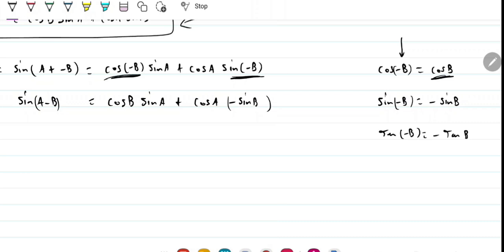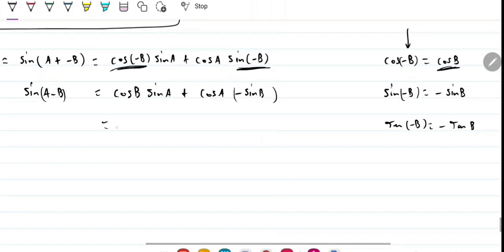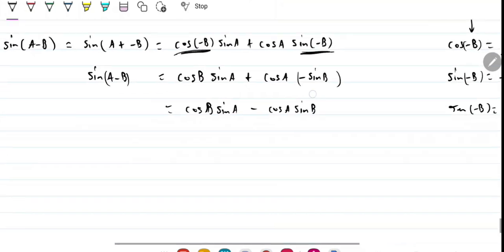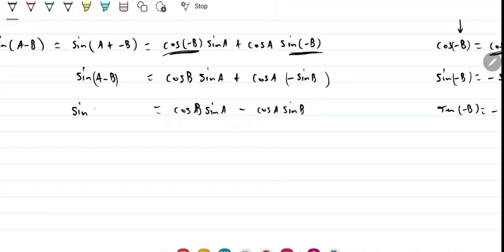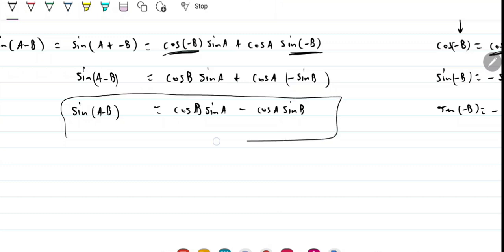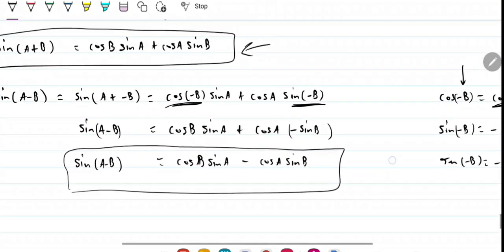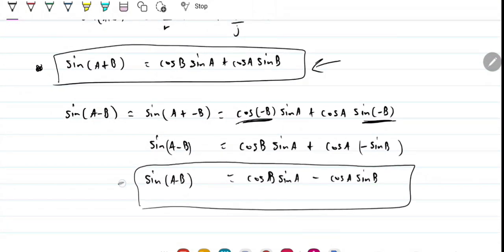So we're multiplying by minus sine b. Right? So that'll give us the cos of b sine a minus the cos of a sine b. Right? And that's another formula that I need you to remember.